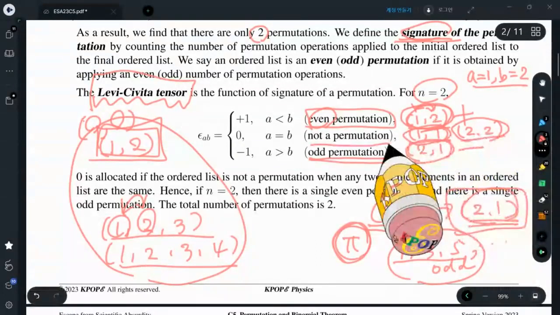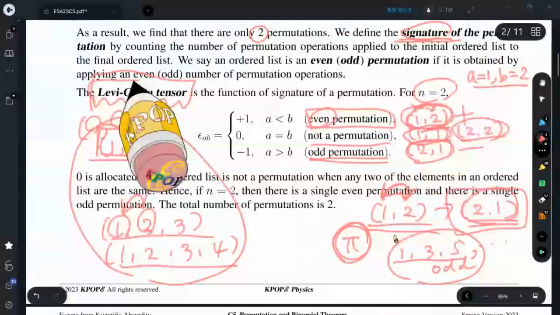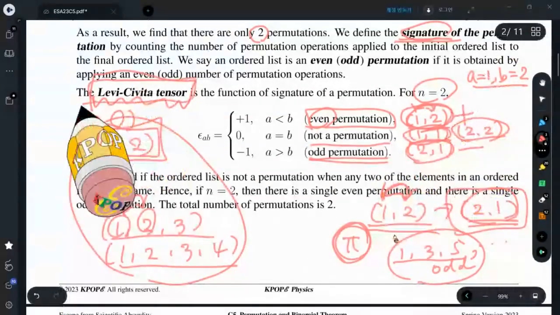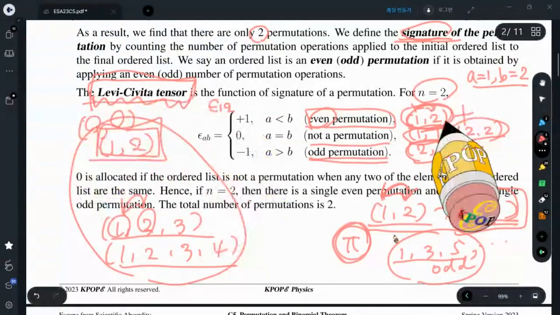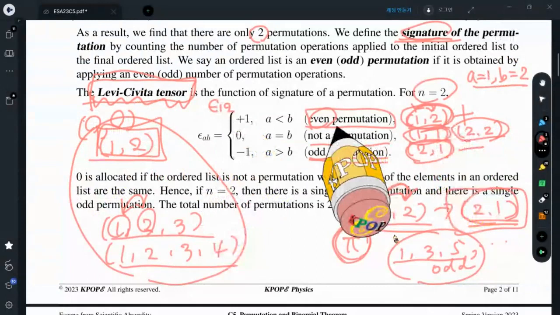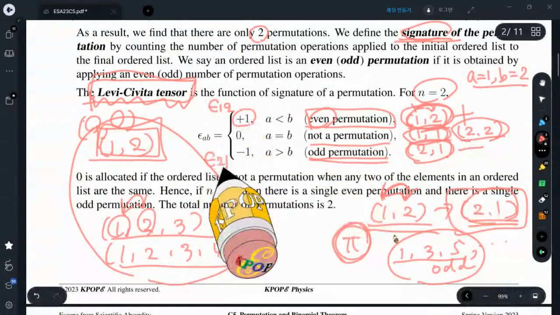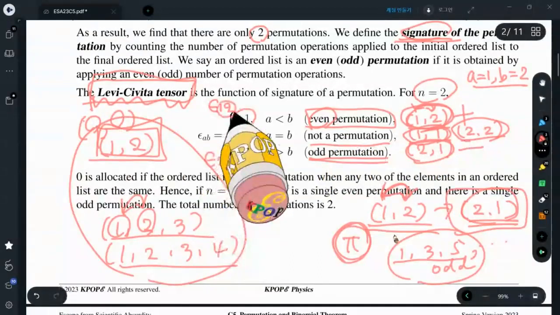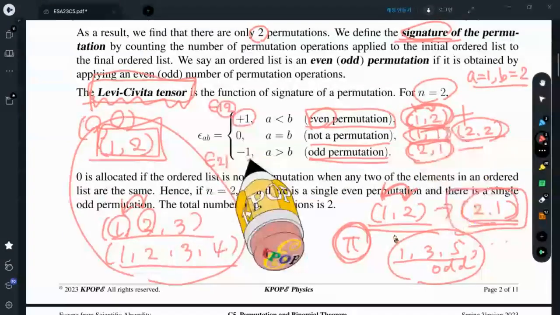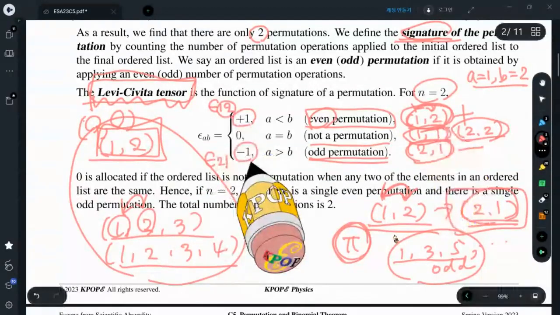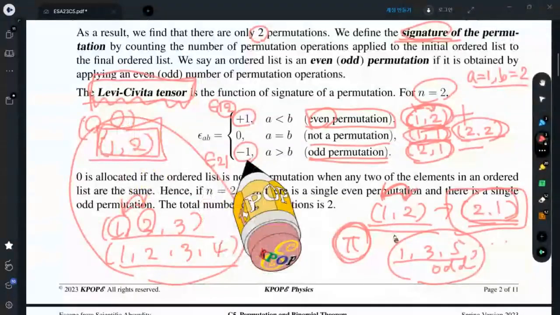The signature function for this permutation is called the Levi-Civita tensor, and therefore epsilon 1, 2, which is an even permutation, is positive 1. Epsilon 2, 1, because I have applied the single permutation to 1, 2, the Levi-Civita tensor epsilon 2, 1 equals minus 1.